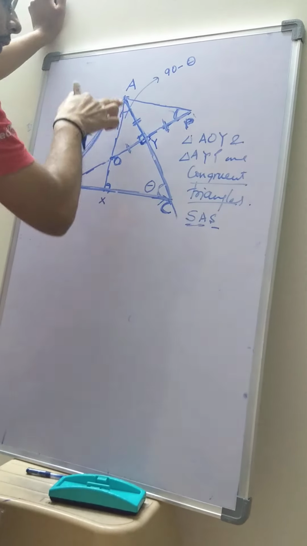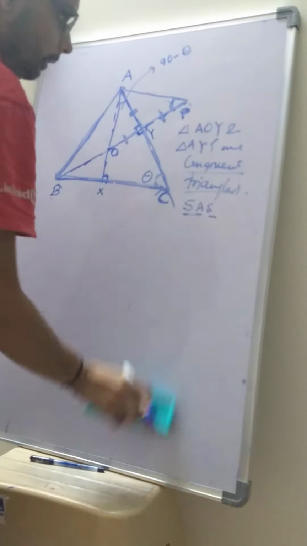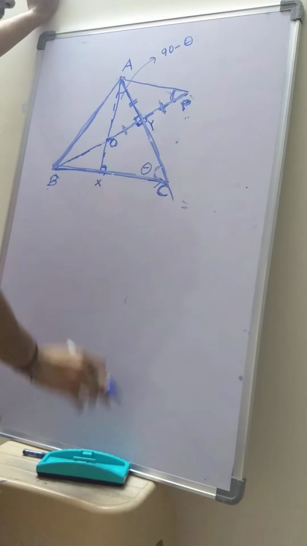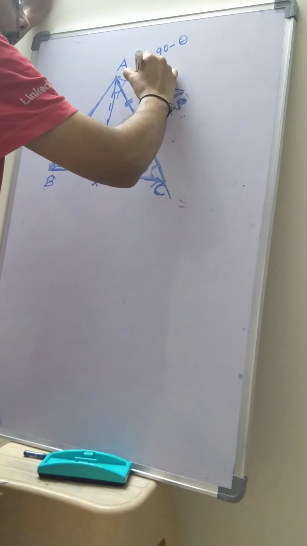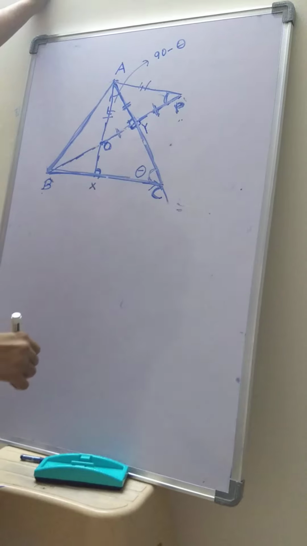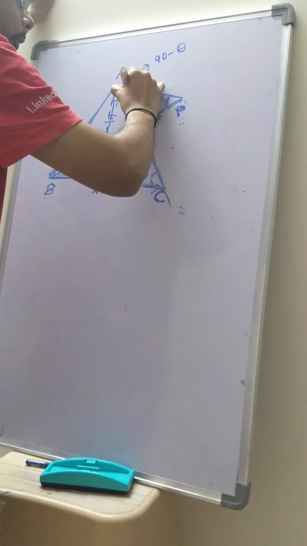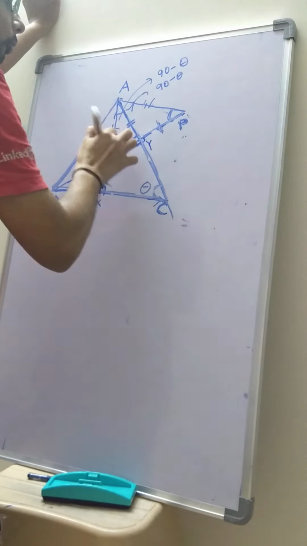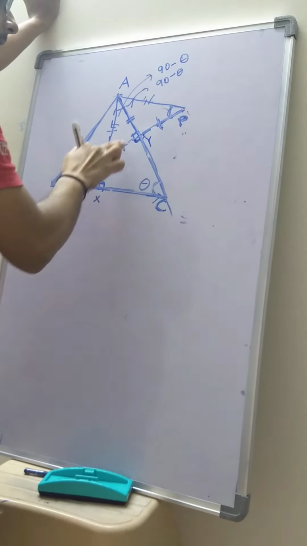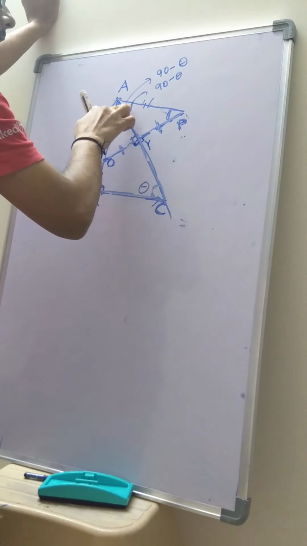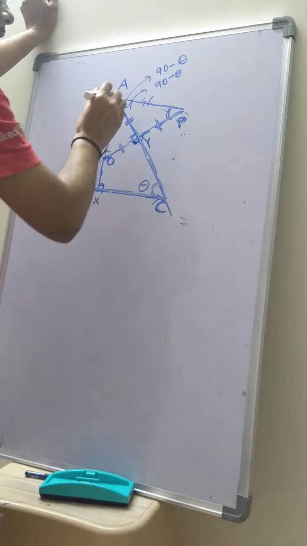Because these two are congruent triangles, the sides will also be equal, and this angle will also be equal. So this is also 90 minus theta.